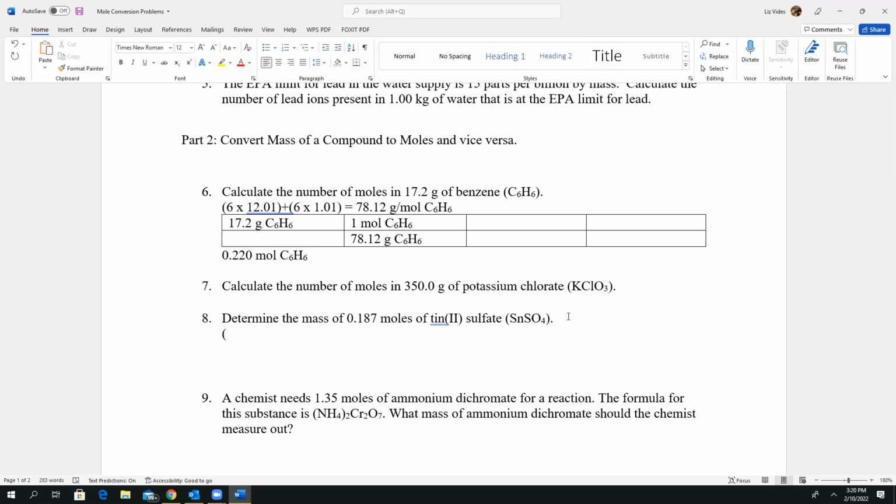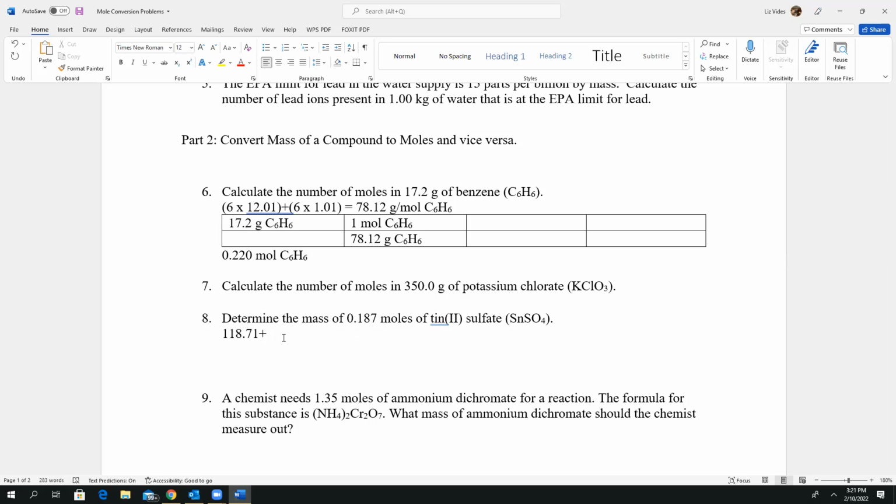And for that, we have tin, which is 118.71 grams. There's only one of those, so we don't even need the parentheses there. Then we add, and they're all grams, so we're just going to skip the gram part.